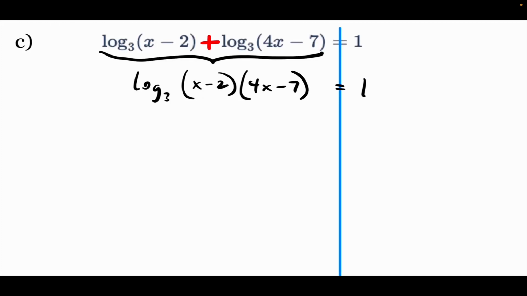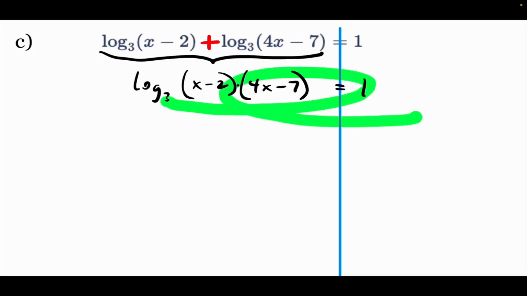It's multiplication. Okay, can't condense it anymore. Done with that, I only got one log. Now convert. Loop trick. 3 to the first power equals those guys. So 3 to the first power equals x minus 2 times 4x minus 7.